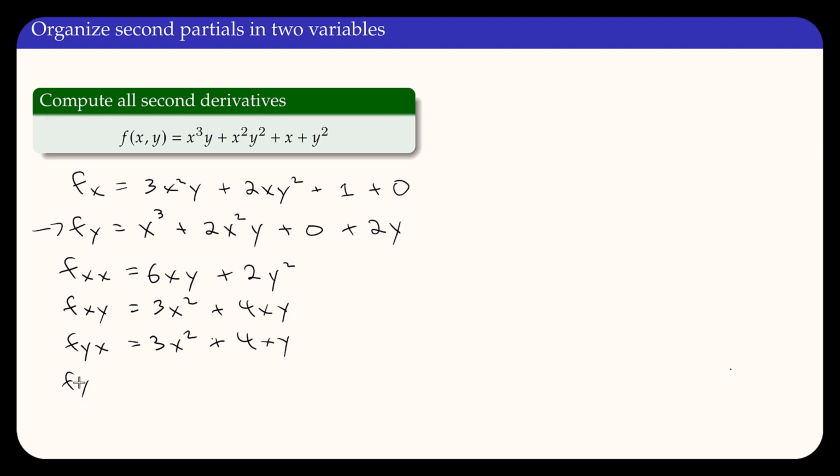And f subscript yy. I'm going to take the derivative of f subscript y with respect to y holding x constant. So I'm going to have 2x squared plus 2. And there we have it. We've computed all the second derivatives.